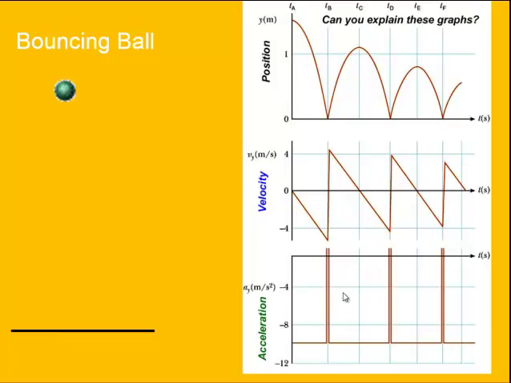The key bit of acceleration here is we can see that the acceleration is always, or generally, minus 9.81 due to gravity, but it springs up and goes in the other direction at the point when it's in contact with the ground as it changes direction.